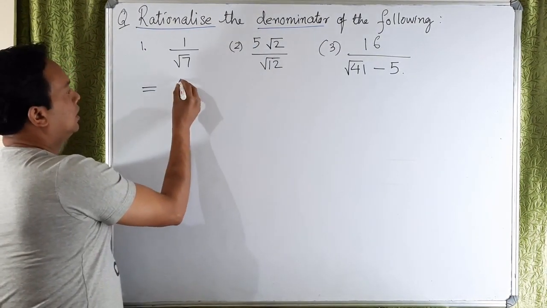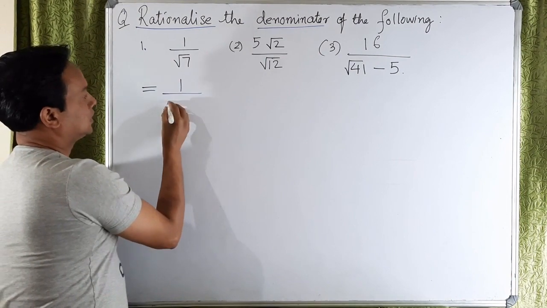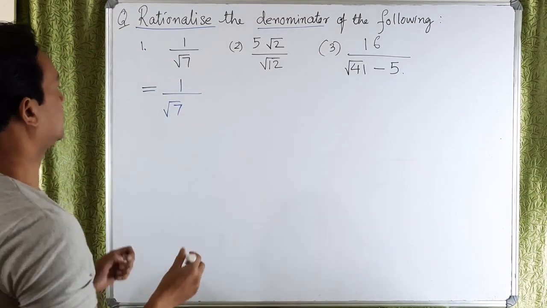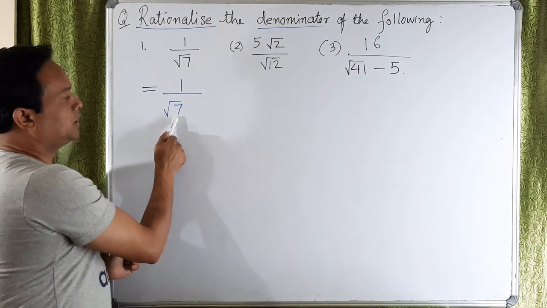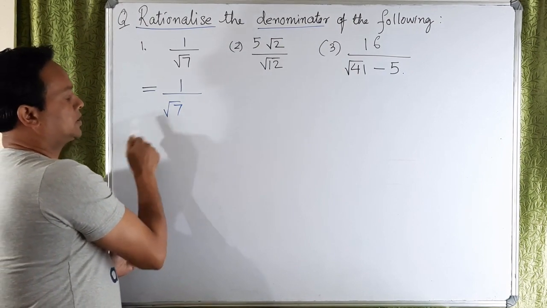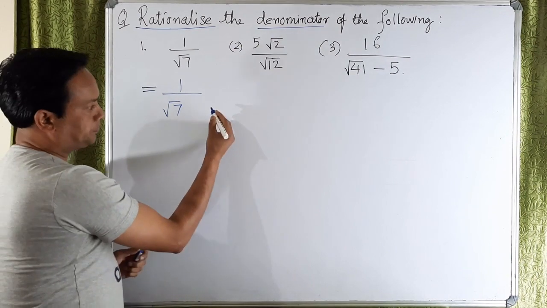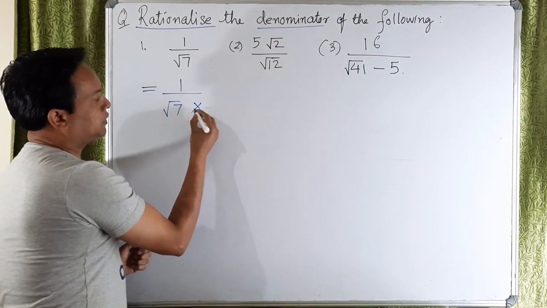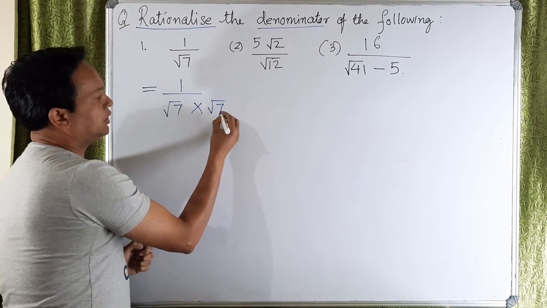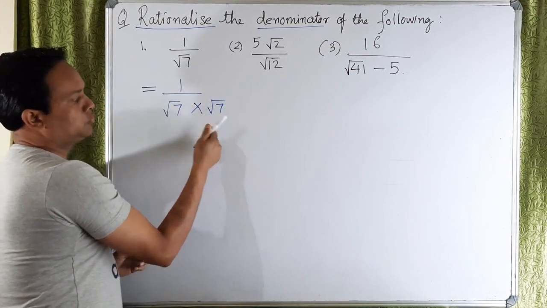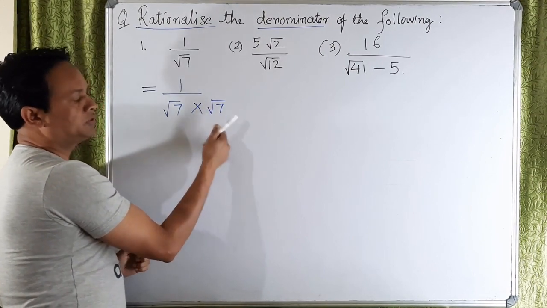So here, how do we rationalize this? This is given to us. What we have to do is remove this root from this 7. That means we have to make it 7. Now we know that if we multiply this root 7 with another root 7, it will become root 7 square.